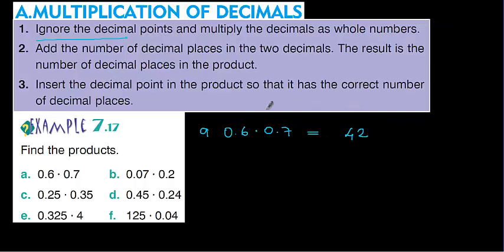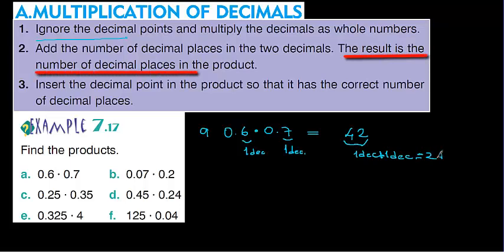Then we are going to count the decimal places for each of them. Here there is one decimal place, and here we have one decimal place again. So when you multiply them, this is the important part, we should get 1 decimal place plus 1 decimal place, and the result is 2 decimal places.